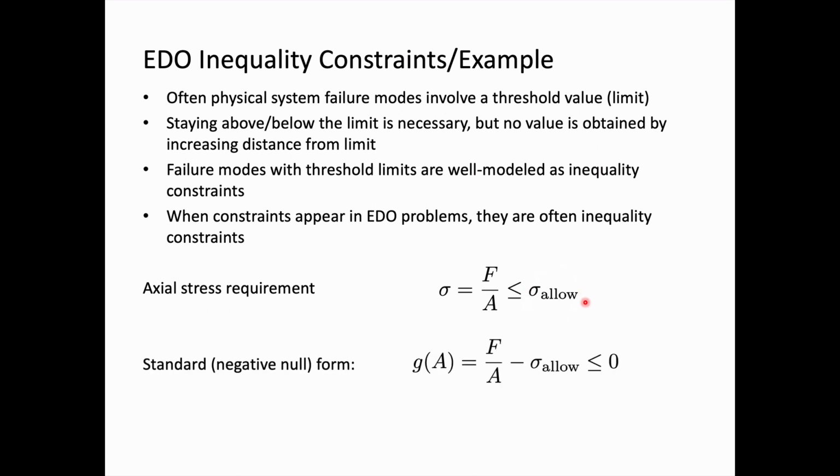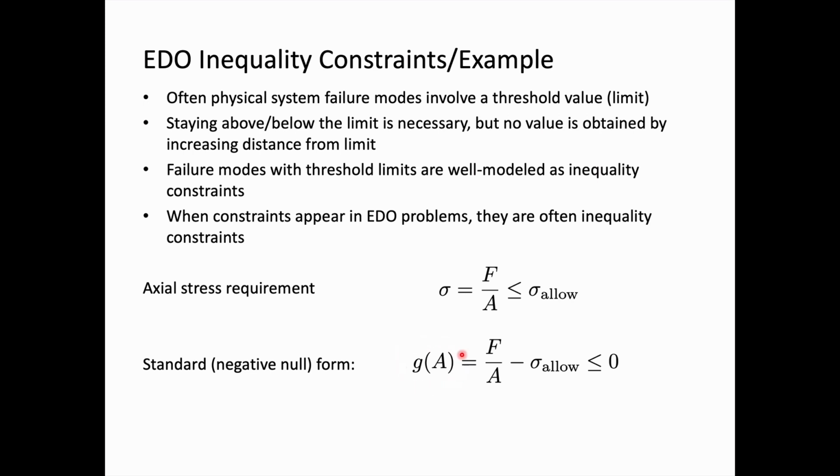We can then convert this into a form that is compatible with standard optimization algorithms. This is called negative null form. We'll talk more about this in the future, but here we are essentially defining a function g, and suppose a is the design variable, the cross-sectional area of this tension member.